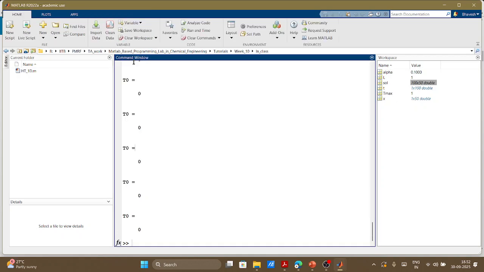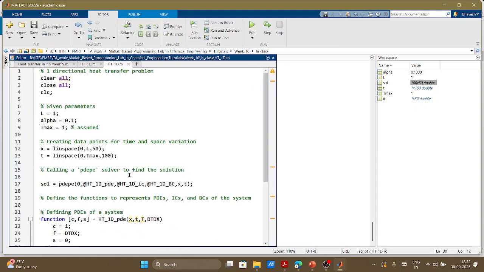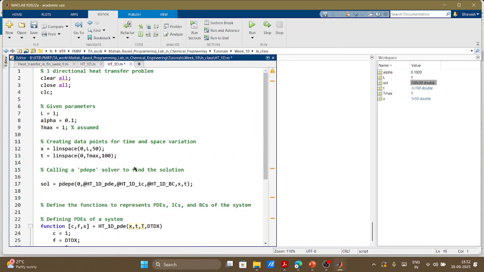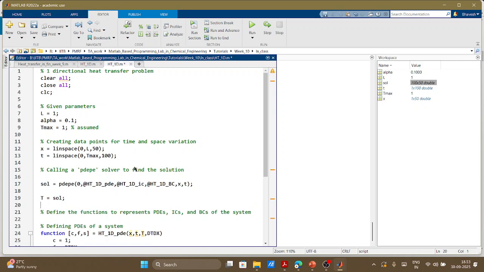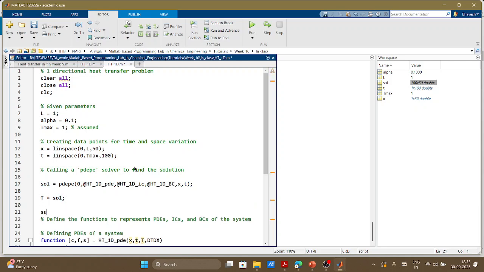Now this is the plot, but I want to visually also see how it looks like. So for that, what we can do, you can take out this data, right? So my temperature is nothing but solution. So this becomes my temperature. Now what we do, the surface plot of temperature.